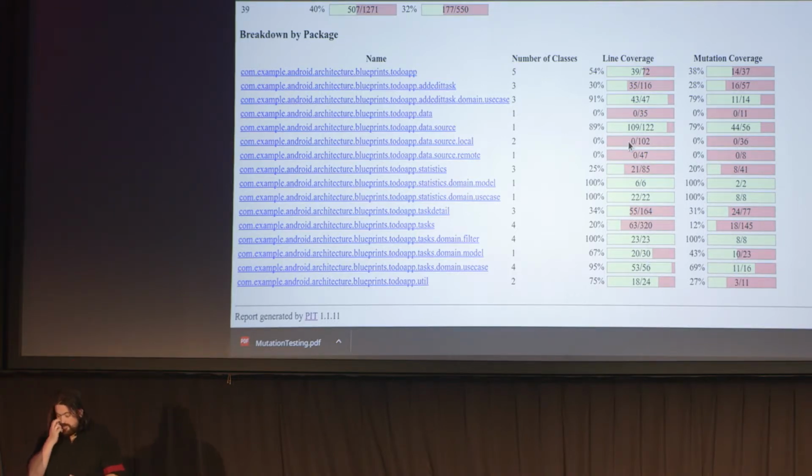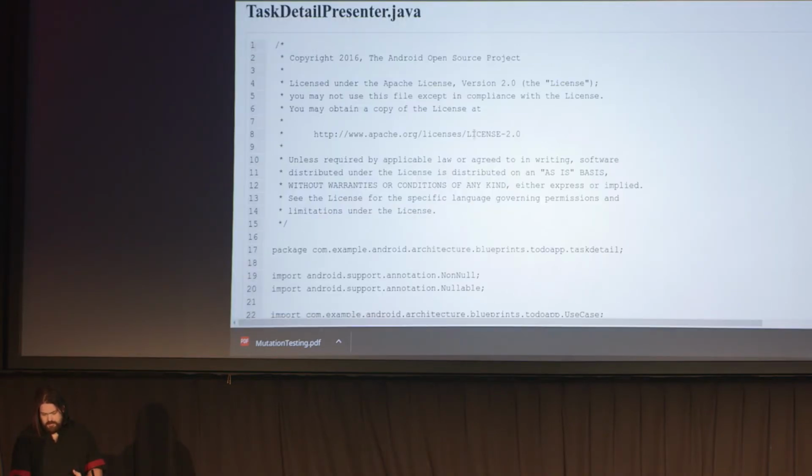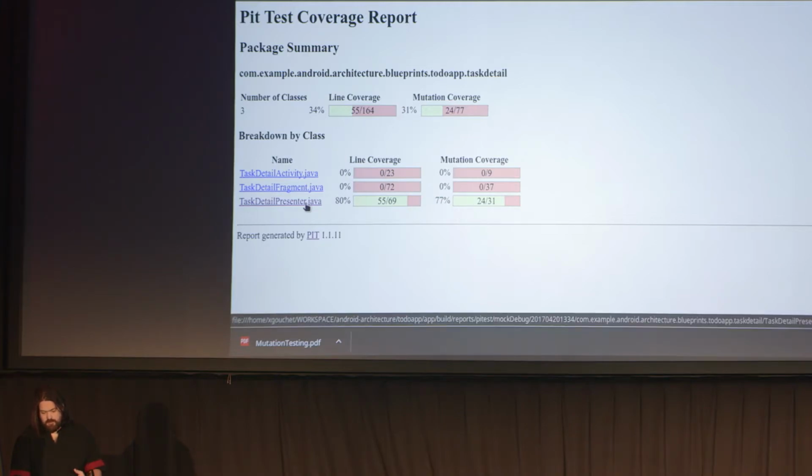So obviously, when a line is not covered, it won't be detected when a mutation is in it. But for instance, if you go to this class, we have a pretty good code coverage, but we still have some mutations that outlived the tests.